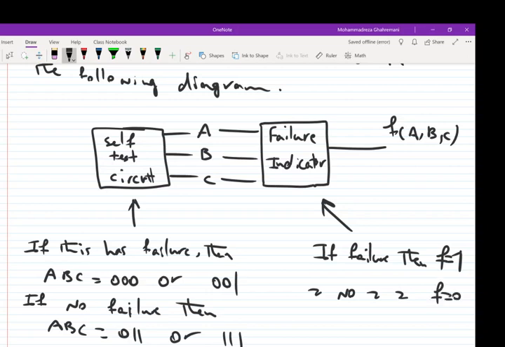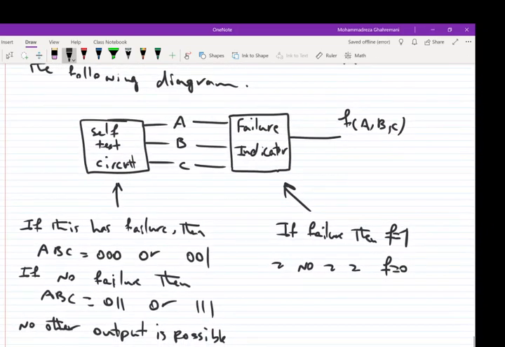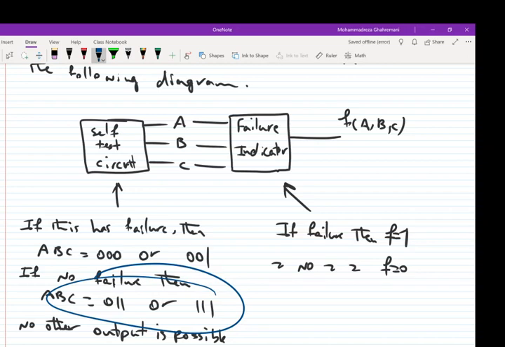And now we want to design this circuit. Okay, so this circuit says that if this self-test circuit has any failure, the output will be 000 or 001. If there is no failure on this circuit, the output is 011 or 111.